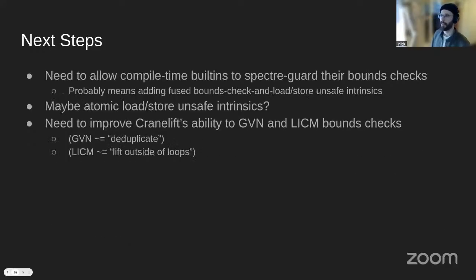Other random things. We had bounds checks in there, right? We should probably have Spectre guards for those bounds checks and allow people to do that themselves. This probably means adding a fused bounds check and load or store unsafe intrinsic. We might want to add atomic loads and stores, and unsafe intrinsics for doing that.